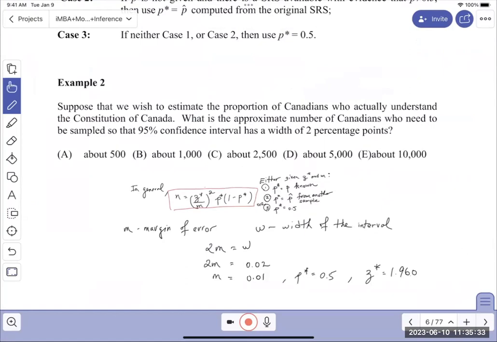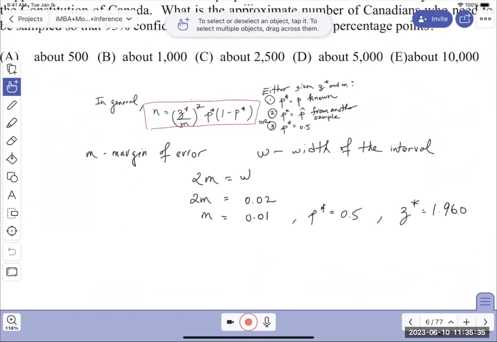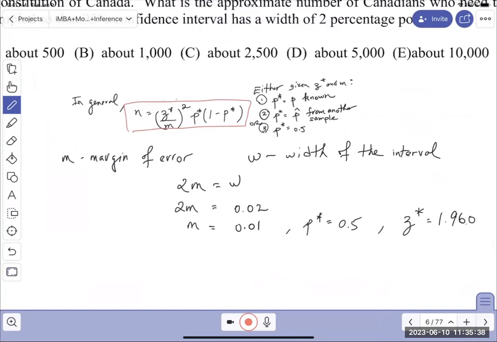Let's put everything in the formula. We know where the formula comes from. So N is 1.96 divided by 0.01, squared, times 0.5, and then 1 minus 0.5 is also 0.5.